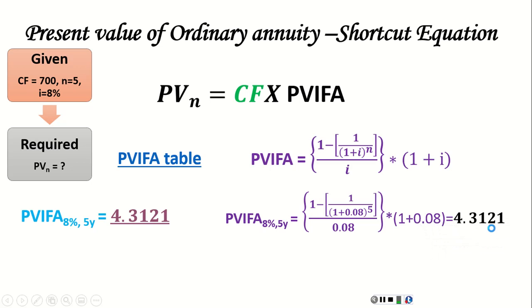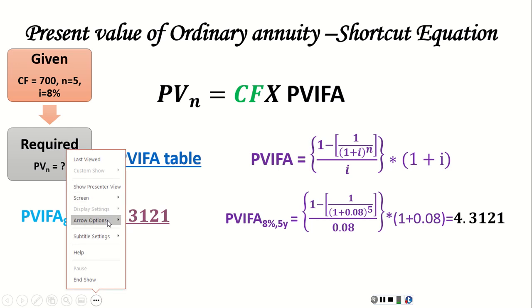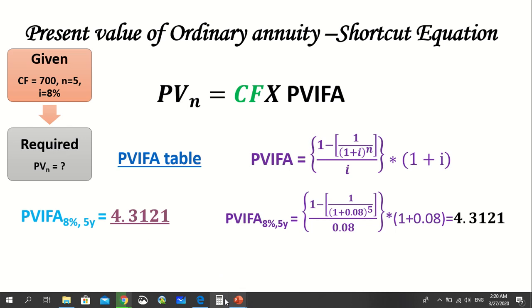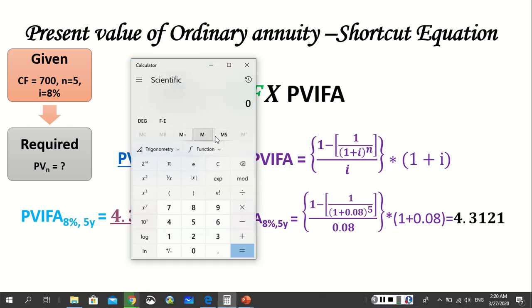We can also get this value by applying these equations mathematically: 1 minus 1 divided by 1 plus 0.08 power 5, divided by 0.08, times 1 plus 0.08. Let me show using the calculator.